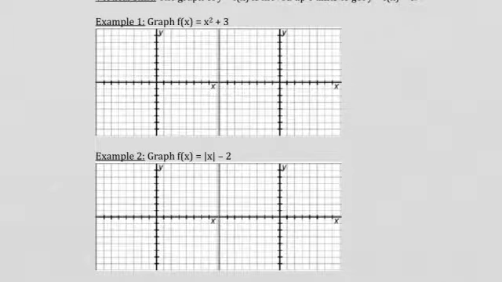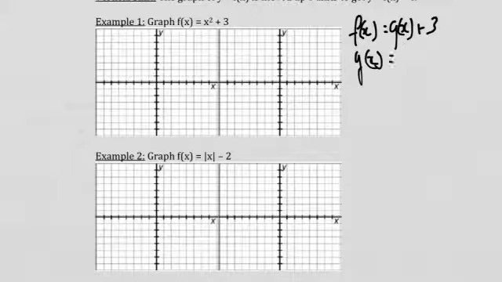Let's do example number 1 right here. Example number 1 is pretty easy. We have f of x equal g of x plus 3, with g of x equal x squared. First of all, I'm going to represent x squared. It's obviously not very accurate, but that's the representation.